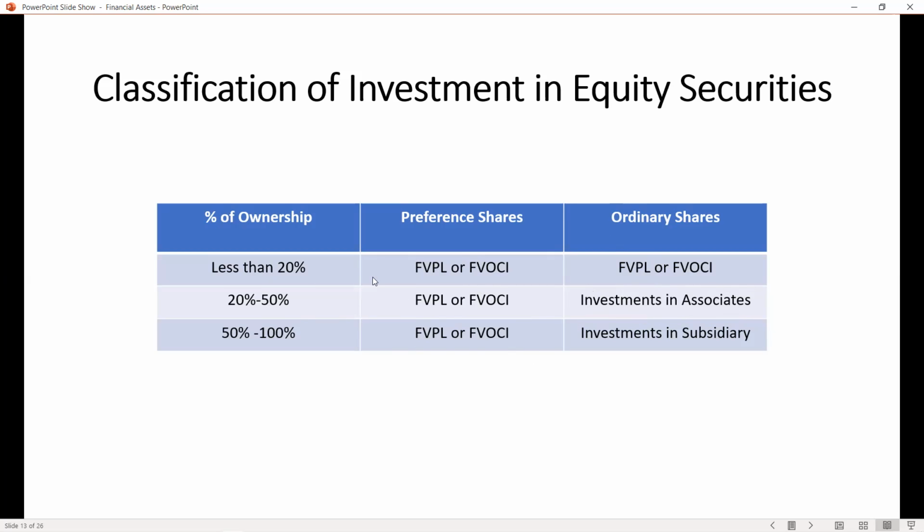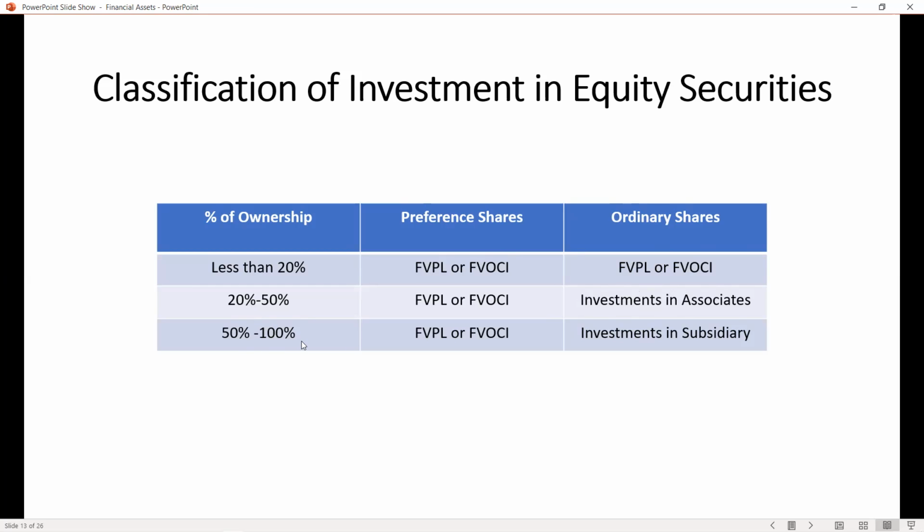So, kapag nag-invest ka ng 20% to 50% doon sa isang company, malamang meron kang power to vote kasi ordinary share yung na-receive mo, hindi preference share. Ibig sabihin, may karapatan kang bumoto at mag-decide sa loob ng company. So, parang naging owner ka na rin doon. Kaya i-classify mo siya ngayon sa investment in associate.